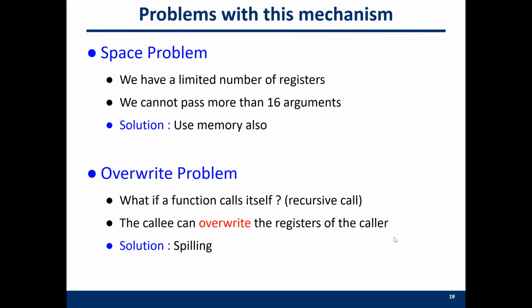If you want to pass a lot of parameters to the function, we only have a limited number of registers, then you have to use memory. You first store your parameter data in the memory, and then load those memory data back to the registers in the function.